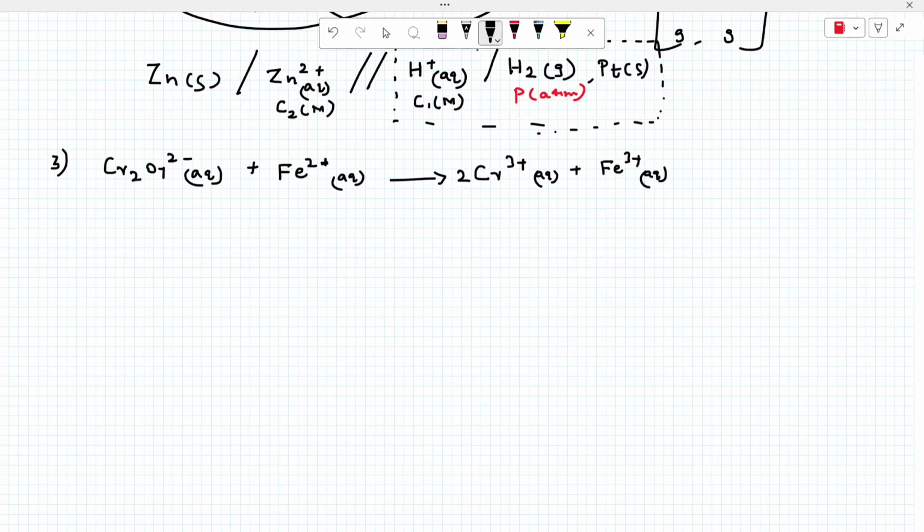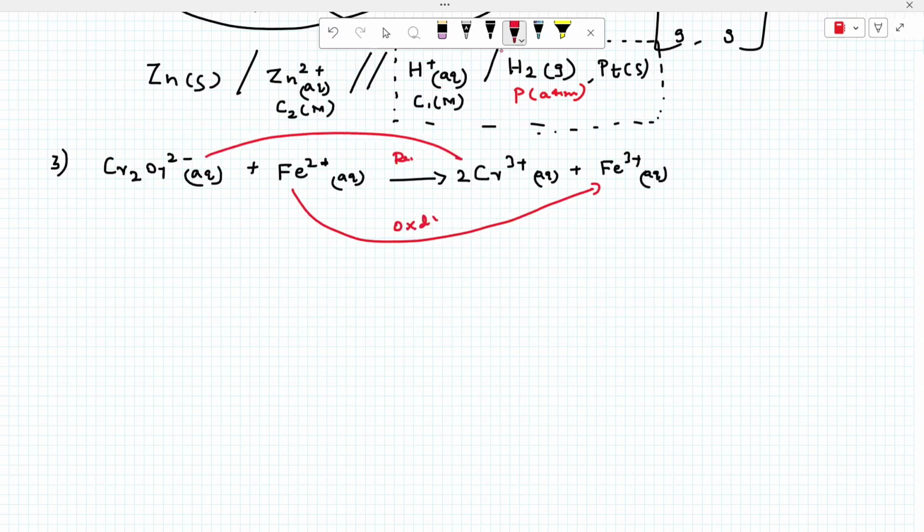Tell me in the reaction, which undergoes oxidation and which undergoes reduction? Fe2 plus oxidation, sir. Good. Why? Whenever the oxidation state increases, it is oxidation; when it decreases, it is reduction. Simple. Therefore Fe2 plus undergoes oxidation, and this undergoes reduction.